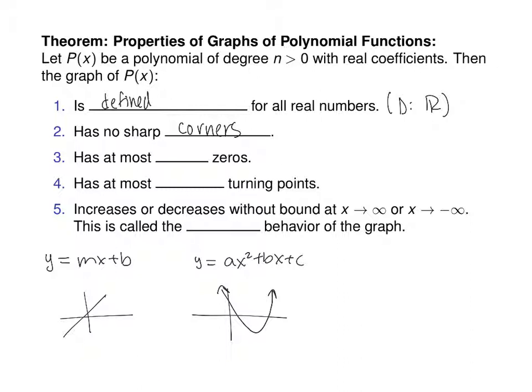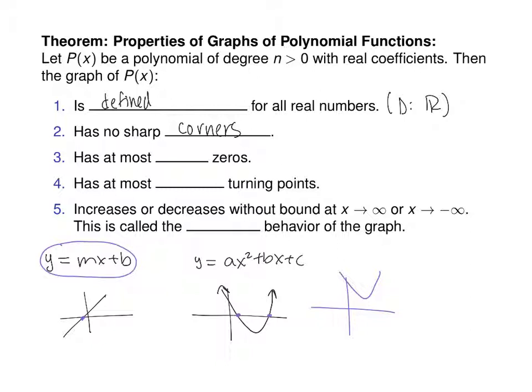Okay, now the second thing. When you have a line, how many zeros is that going to have? It's just going to have 1. It's going to cross the x-axis once. Always once, actually. When you have a quadratic, it crosses the x-axis 2 times. Do all quadratics have to cross the x-axis? No. You could have one up here, right? It doesn't cross at all.